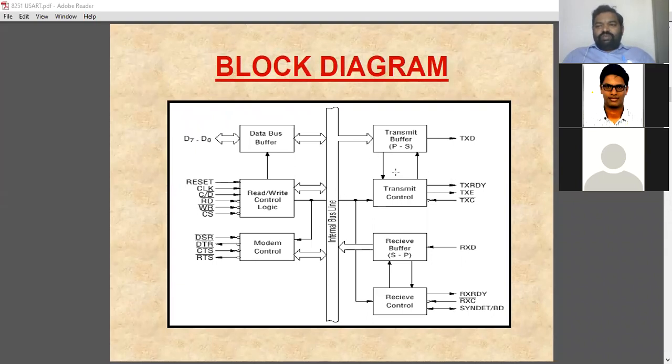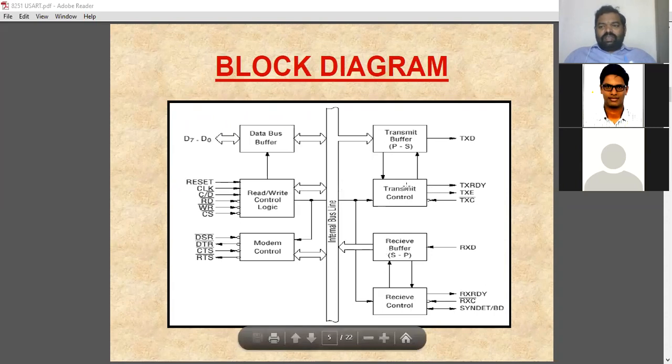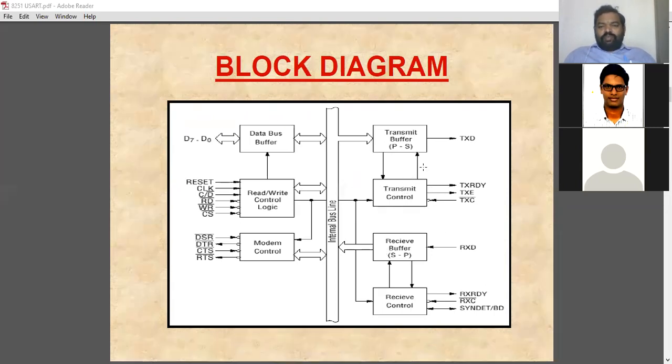Now you have to think about how to set the transmitter and receiver, and how to take control of these devices. For example, I want to switch on the transmitter, enable the receiver, disable the receiver, or disable the transmitter.